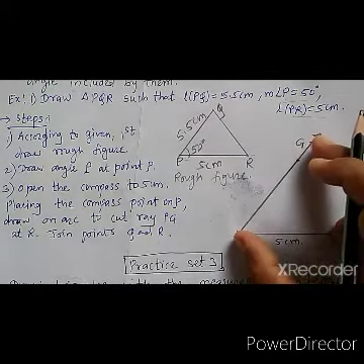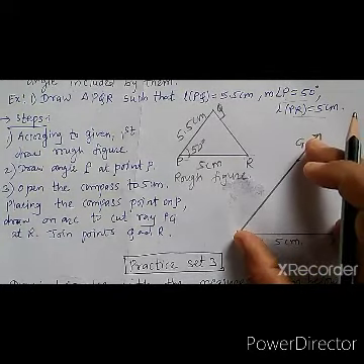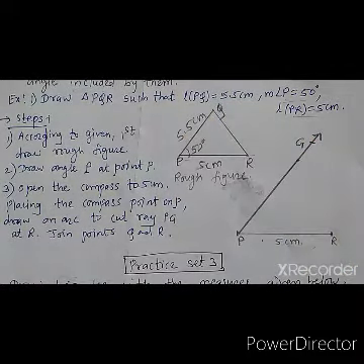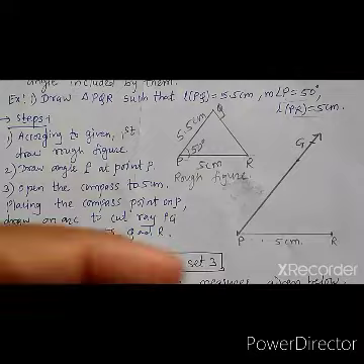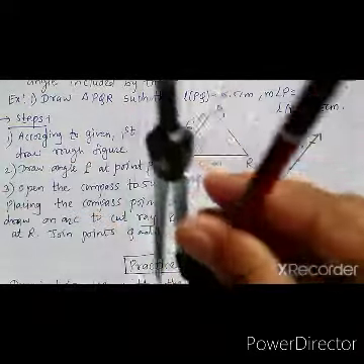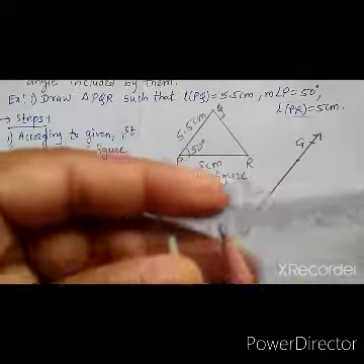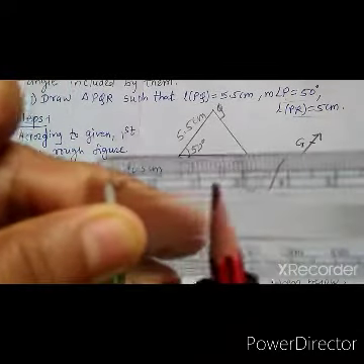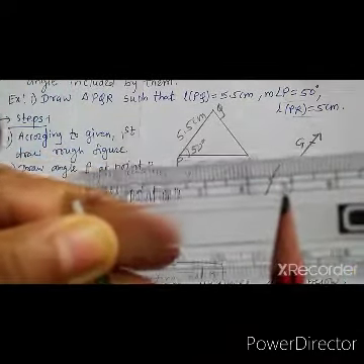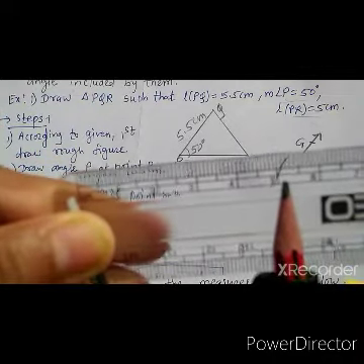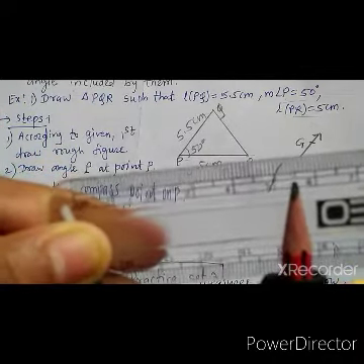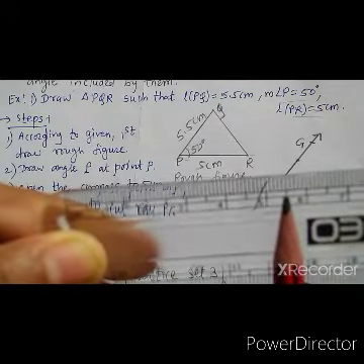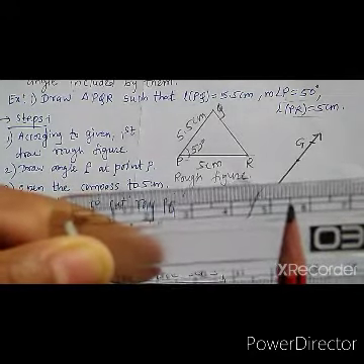Now on this ray PG we have to take a distance of 5.5 centimeter. So here by using a compass we have to take a distance of 5.5 centimeter. So start from 0 to 5, and after 5 we have to count 5 lines. 1, 2, 3, 4, 5. 5.5 lies between 5 to 6.